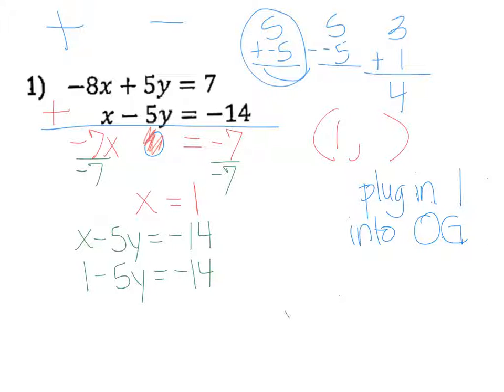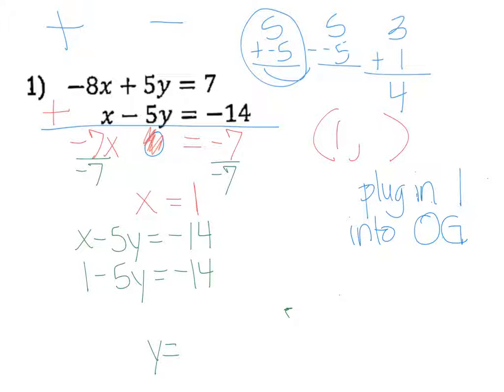Here's what I want. I want to know what y equals. Get y alone. So this is now what? Back from September, solving 2-step equations. What's the first step I do to get y alone? I don't want to add anything. Subtract 1.